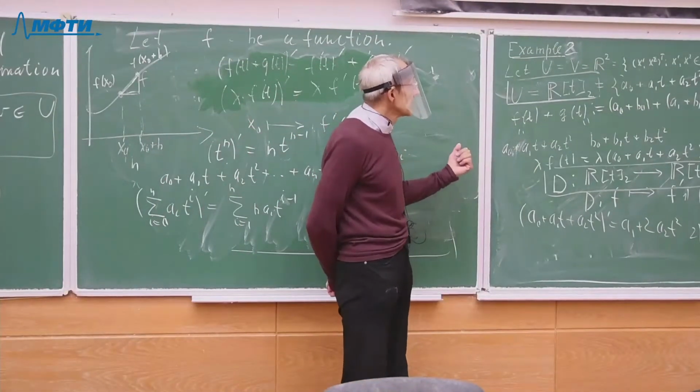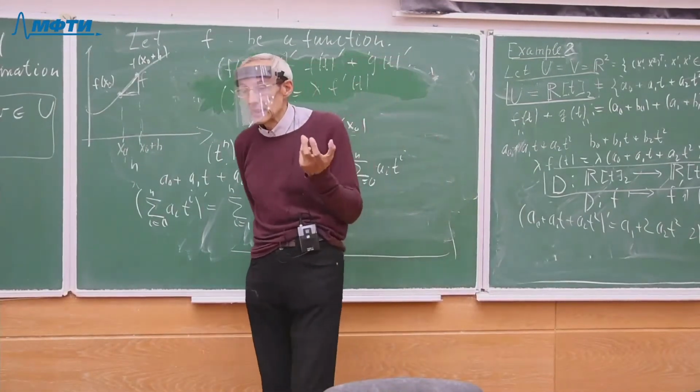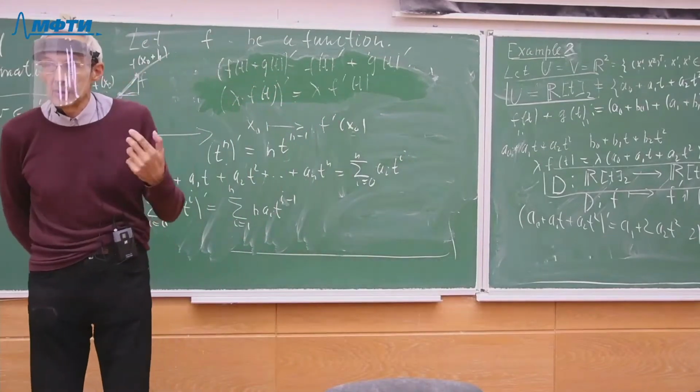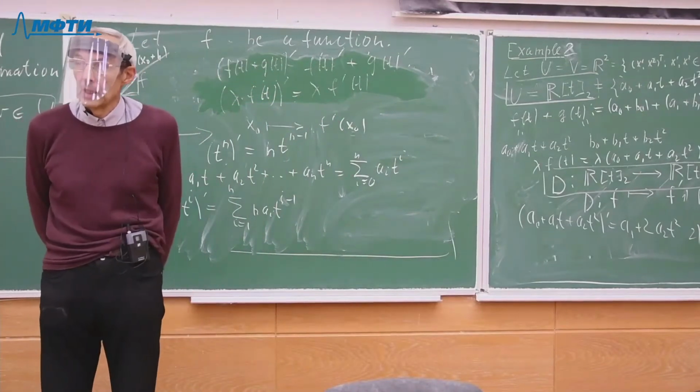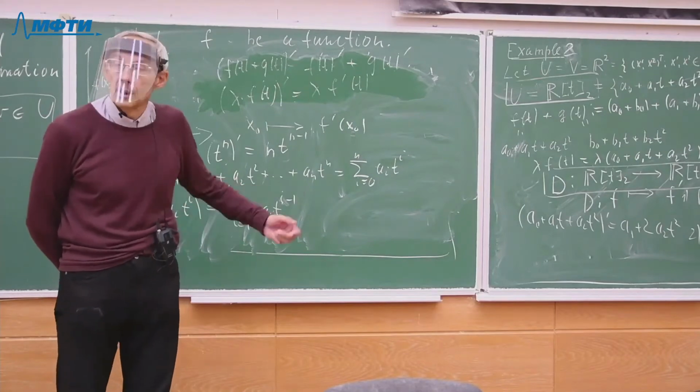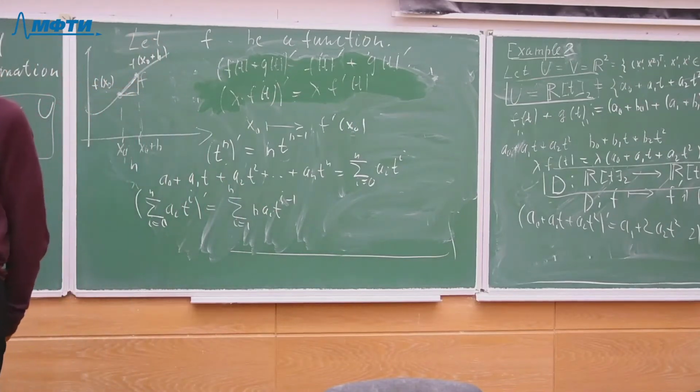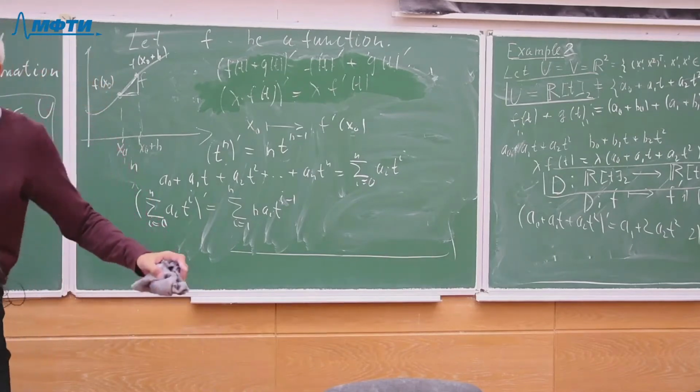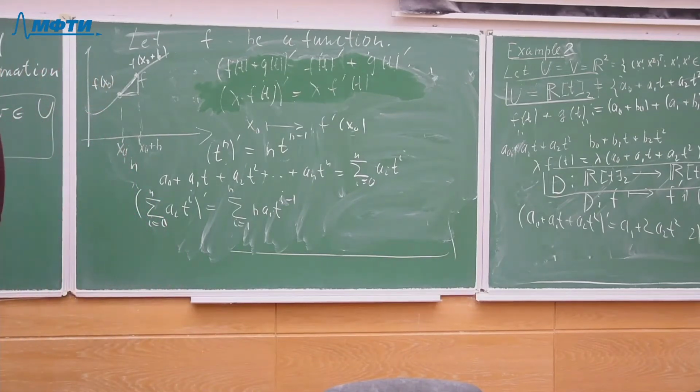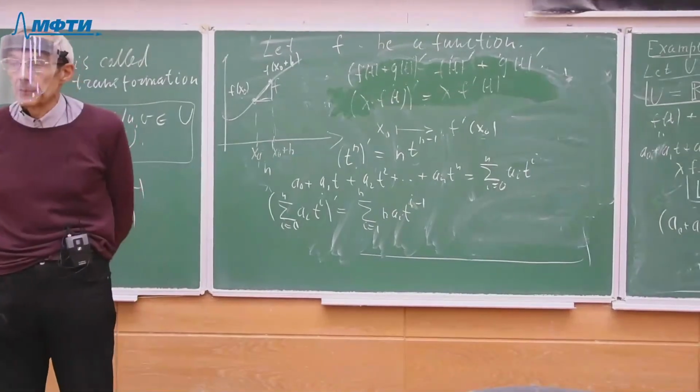The derivative is a linear transformation in the vector space of functions, and that is the main property for us of this mathematical structure. Maybe other questions? Do you understand this example?